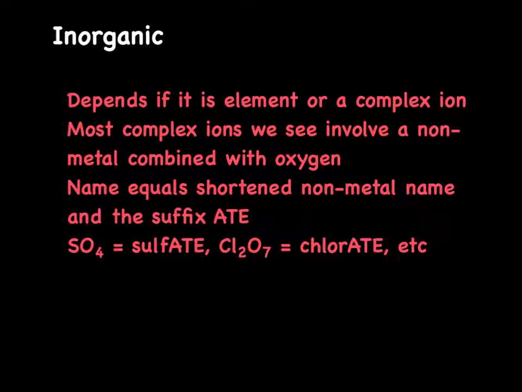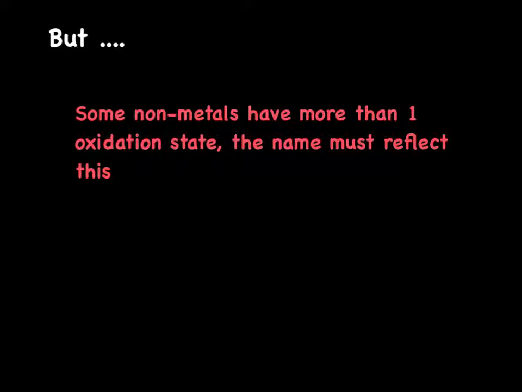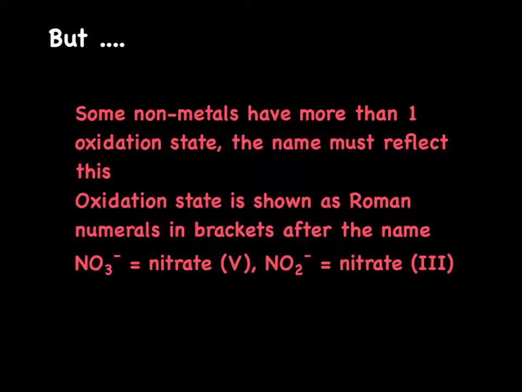But unfortunately, some of the non-metals also have more than one oxidation state. And so we must tell the reader which one we're talking about. So again, we use Roman numerals at the back. For example, we can have two different forms of nitrogen with oxygen. We can have NO3- or NO2-.